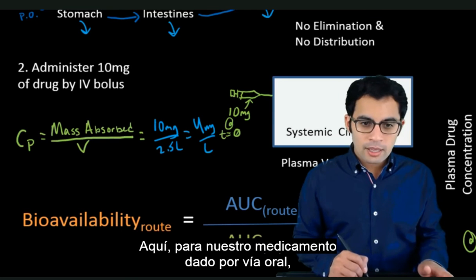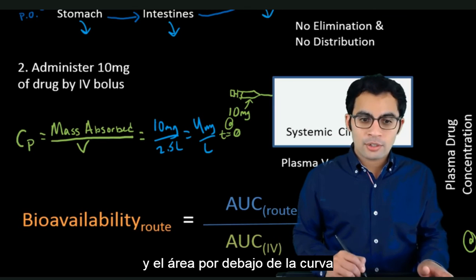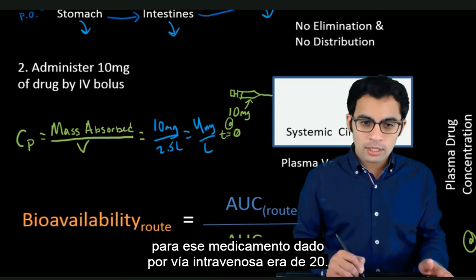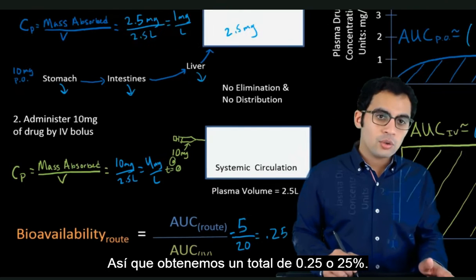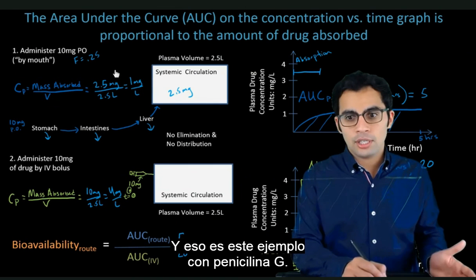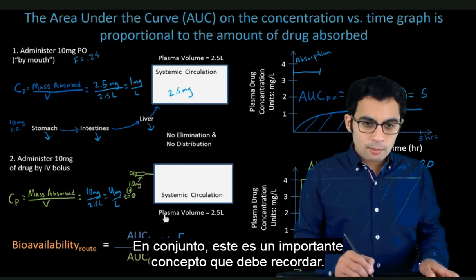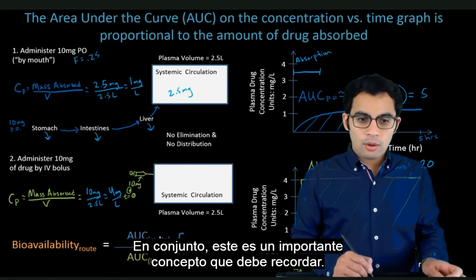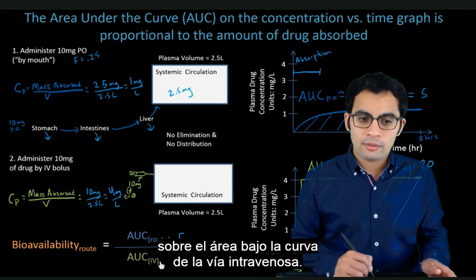So here, for our drug given by mouth, the area underneath the curve was 5, and the area underneath the curve of that drug given IV was 20, so we get a total of 0.25, or 25%. And that is this penicillin G example. So, taken together, this is an important concept you should remember: area underneath the curve of a route of administration over the area underneath the curve IV.